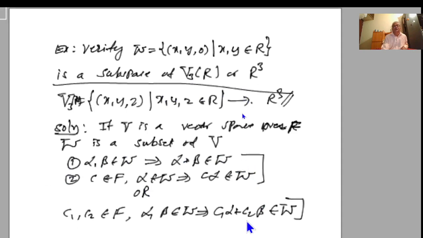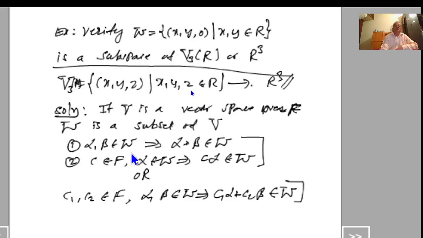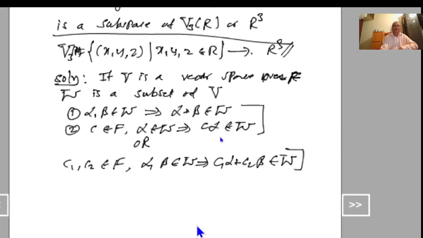First one: I have to consider alpha and beta belong to W, and we have to prove that alpha plus beta also belongs to W. Second condition: I have to consider C belongs to R and alpha belongs to W, and then we have to prove that C into alpha also belongs to W. Okay, let us start. Let alpha and beta belong to W. This implies alpha must be of this form.